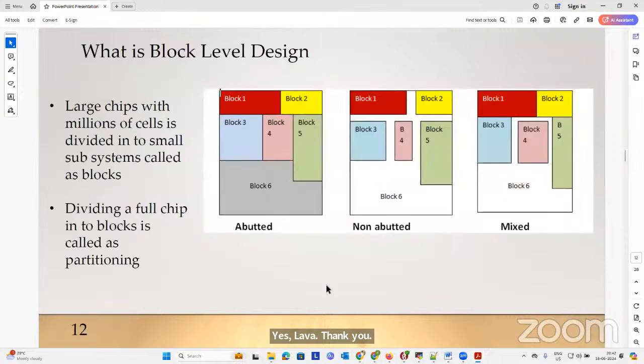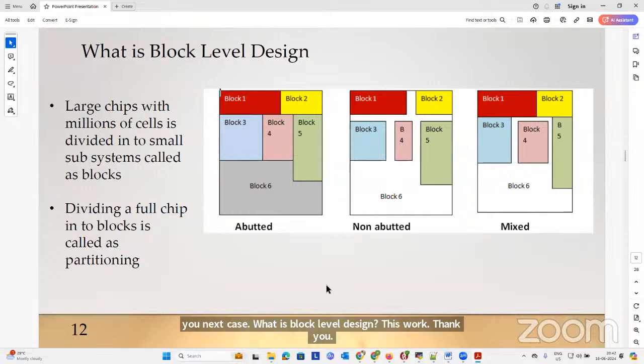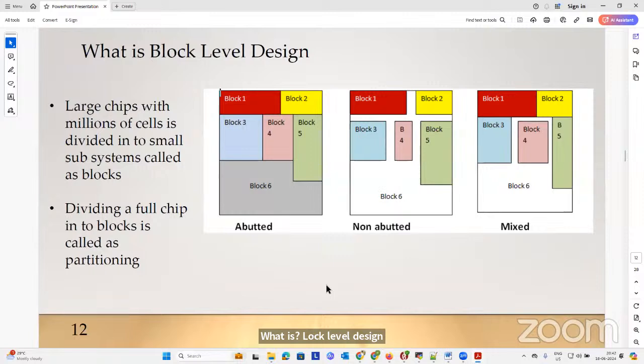See, next is what is block level design? Siddheshwar, thank you. What is block level design? A large chip with millions of cells is divided into small subsystems called blocks. So I have a big chip, and the chip has some blocks.